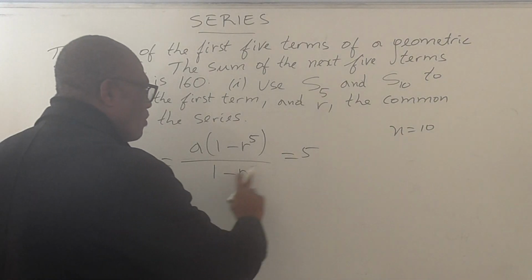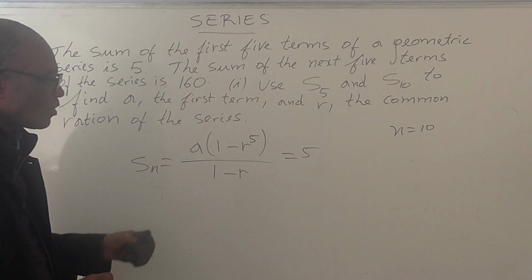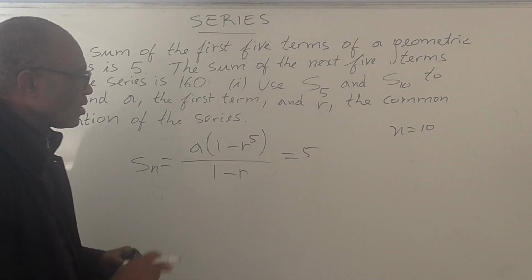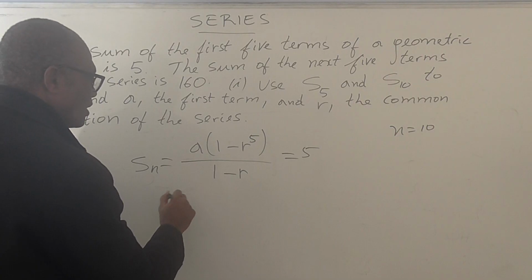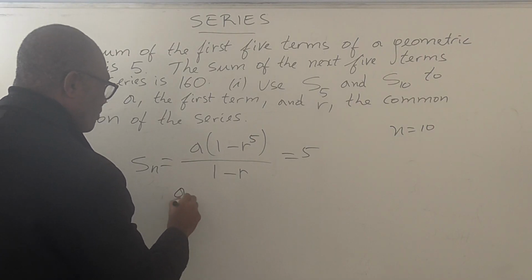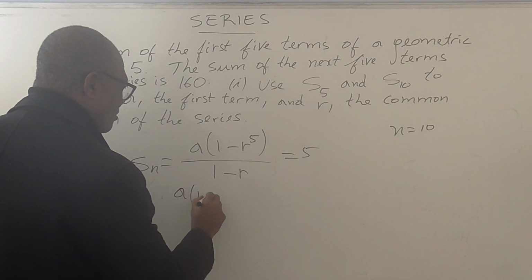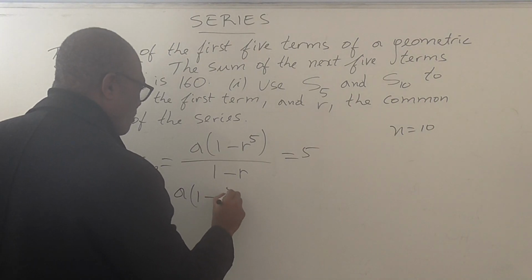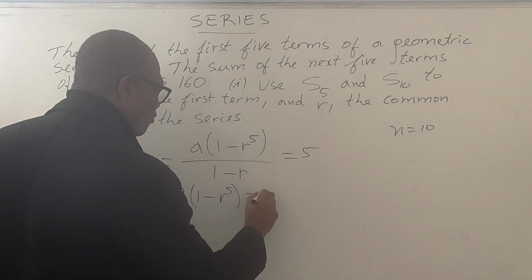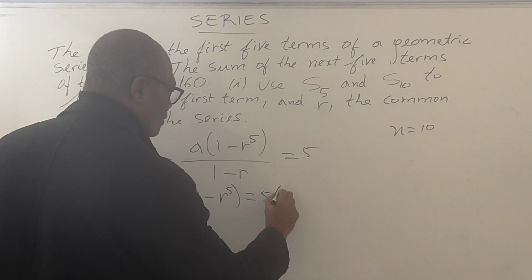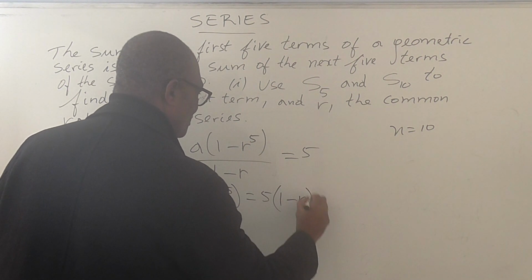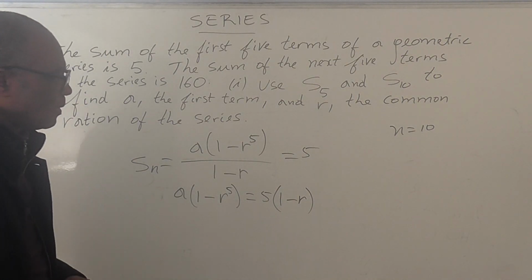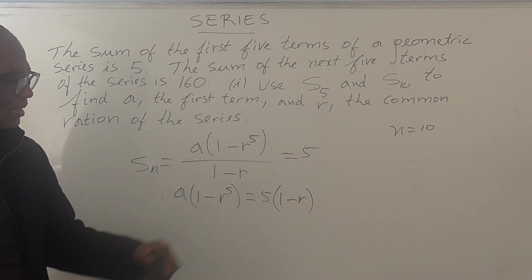When I multiply, I do cross multiplication here. I multiply this by 5. So I'm going to get A bracket 1 minus R to the power of 5 is equal to 5 bracket 1 minus R. Okay, so I get it like that.